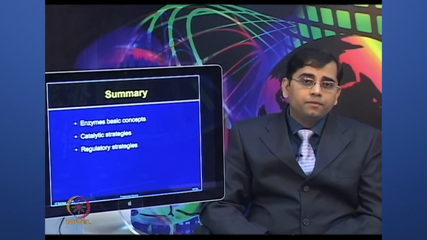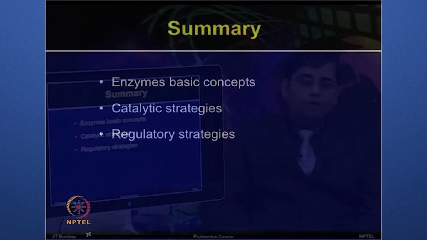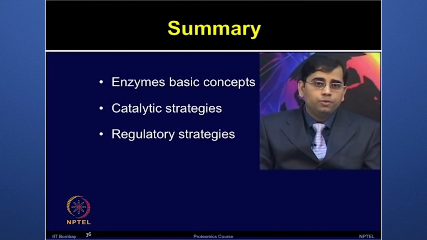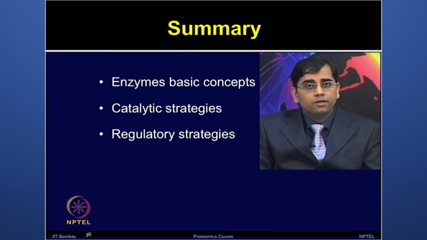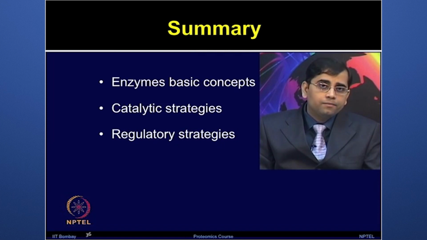So, in summary, today we discussed various concepts related to enzymes, which are highly effective catalysts. There are several catalytic mechanisms which are employed by enzymes, which include acid base catalysis, covalent catalysis and metal ion catalysis. We discussed some of these mechanisms in some detail.